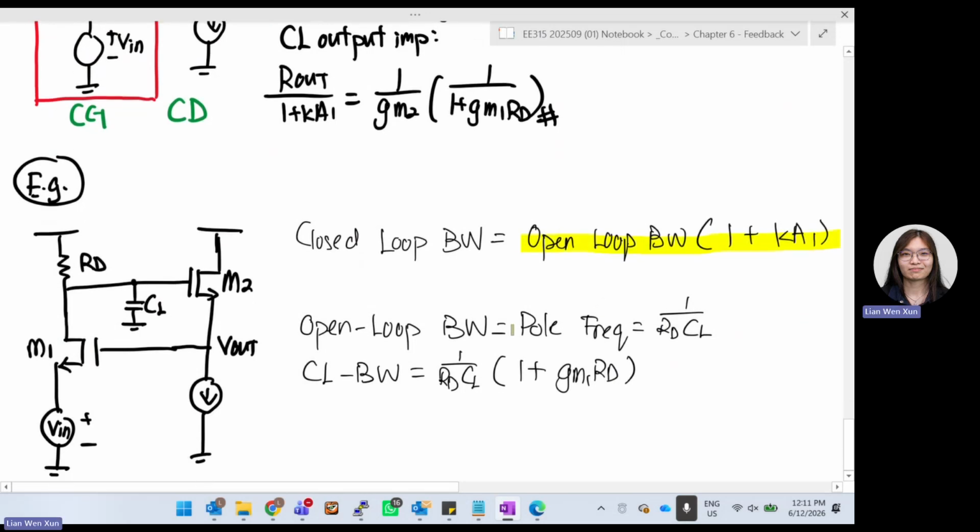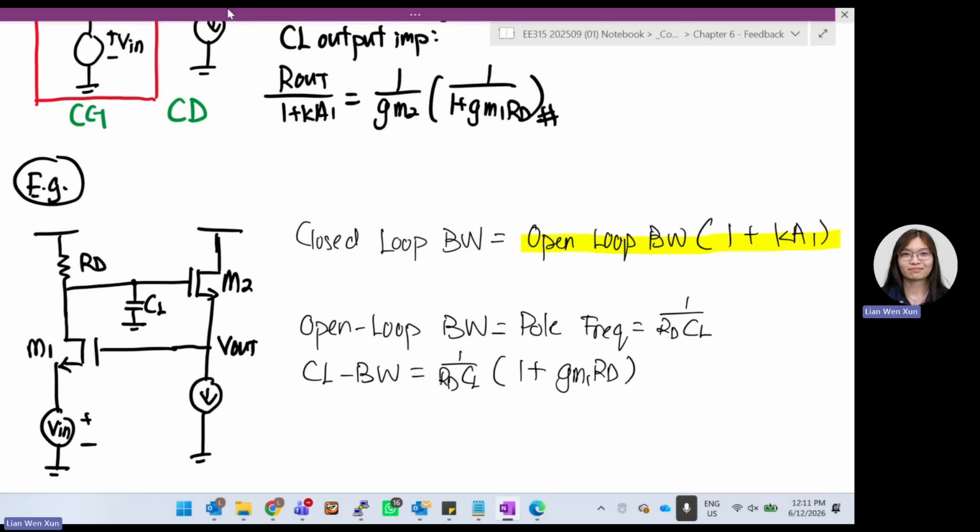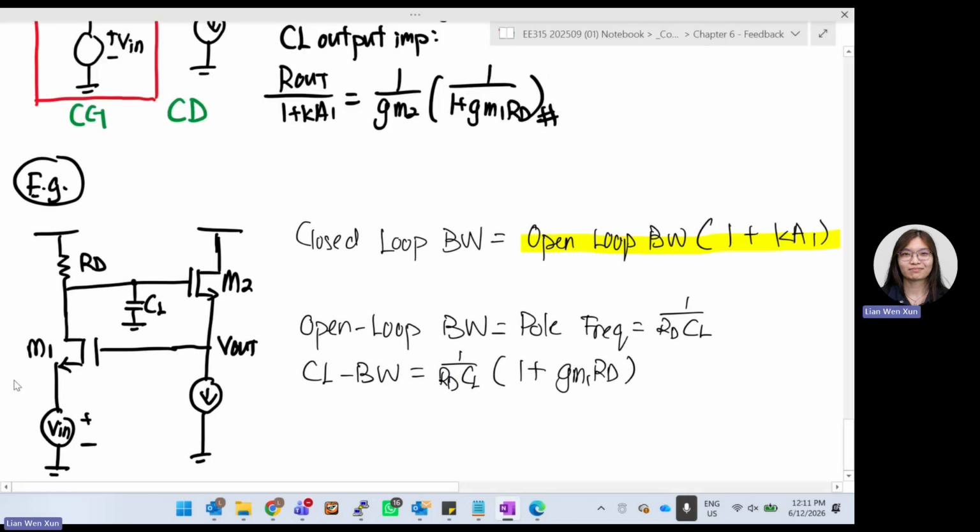Open loop bandwidth, usually we say it is just 1 over RC. So closed loop bandwidth now will just be 1 over RC times 1 plus GMRD. Let's say initially this circuit will have only one pole. This pole is RD over CL, the output pole.